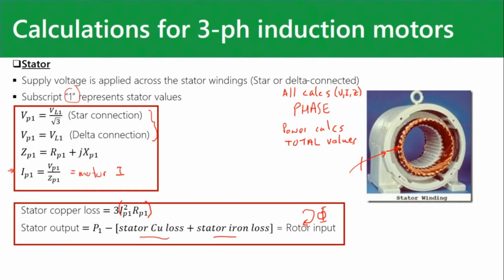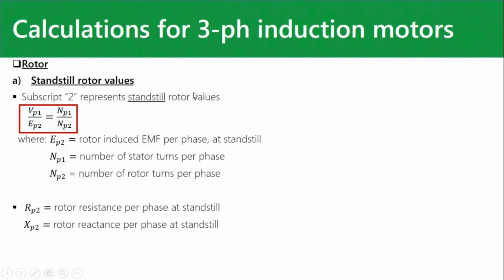Then the rotor, rotating. All the values that are given to you, the resistance and the reactance, are going to be standstill rotor values because they change with the speed of rotation of the rotor in most cases. So we use the subscript 2 for standstill rotor values.